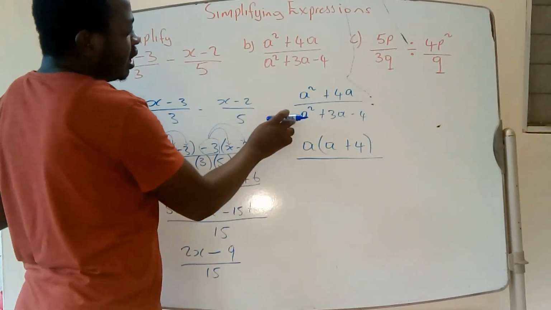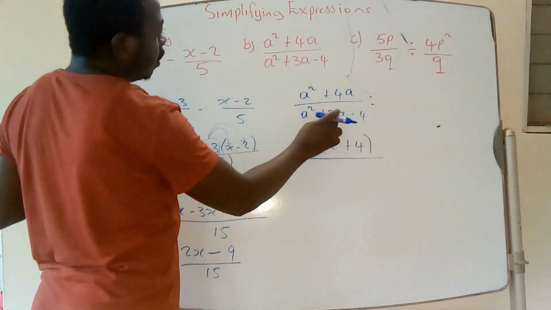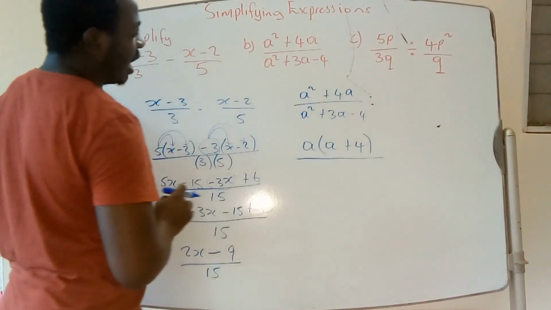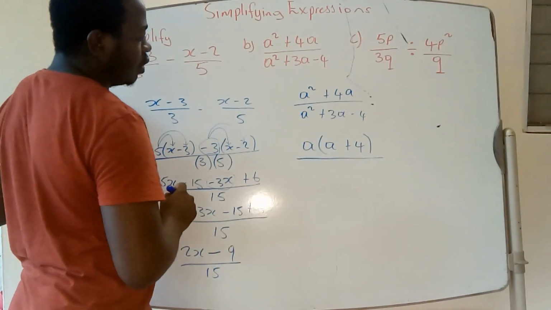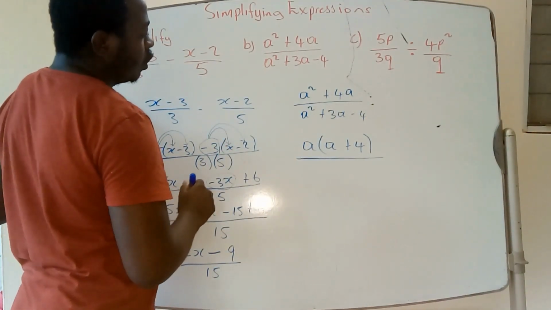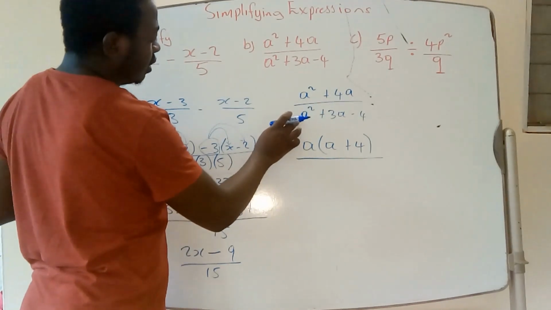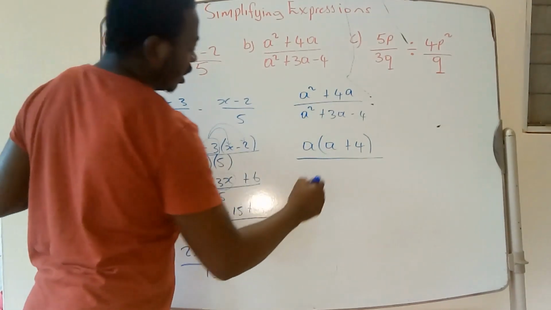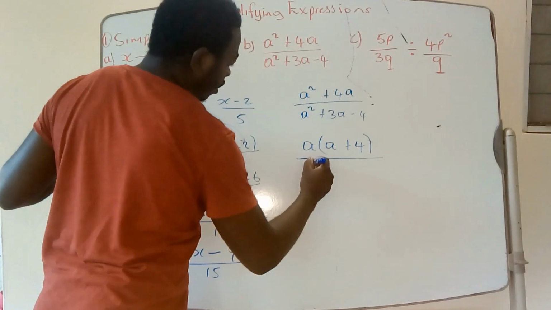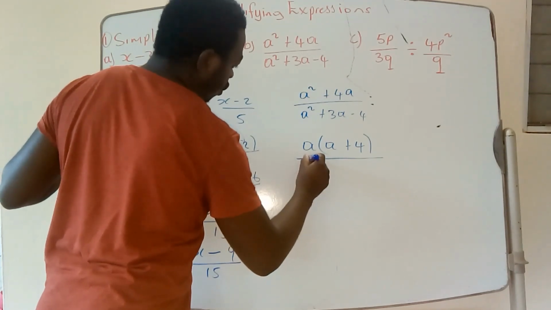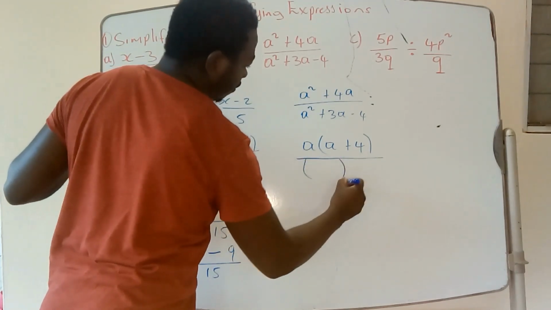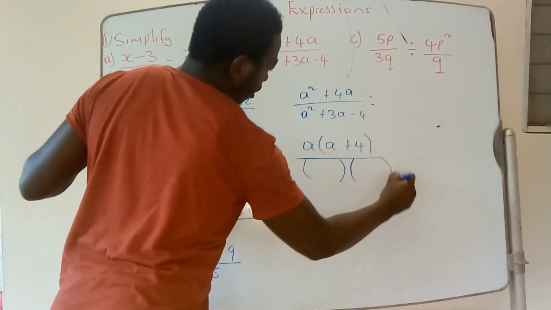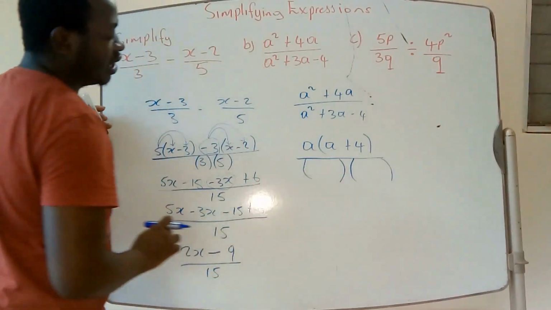But the denominator here, a squared plus 3a minus 4, that is a quadratic expression. So what we are going to do is factor this quadratic. And when you factor a quadratic, we know that we're going to have two brackets or two factors multiplying each other.